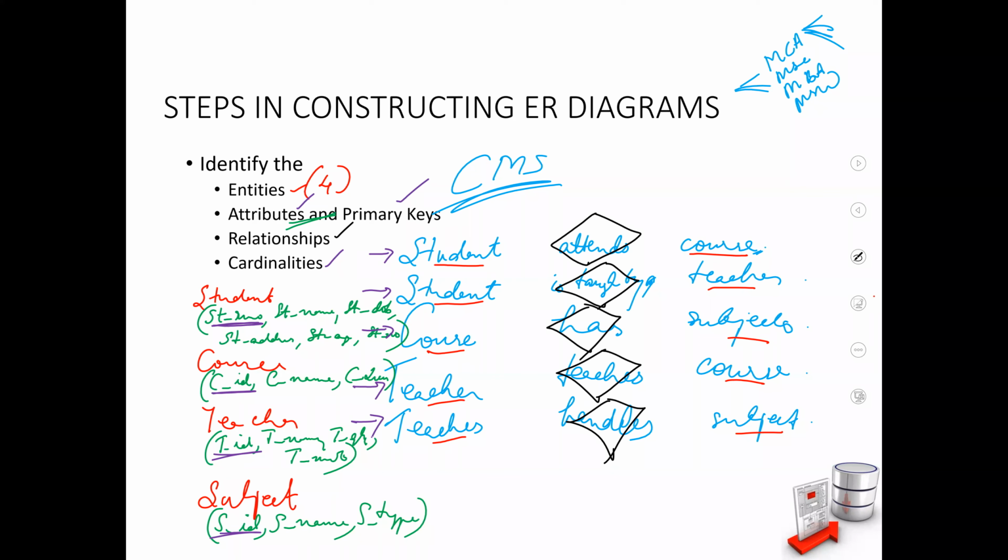Now, for each of these relationships, I will need to find out my cardinalities. If you remember, you have 4 types of cardinalities: 1:1, 1:n, n:1, and m:n. These are the various cardinalities you have.